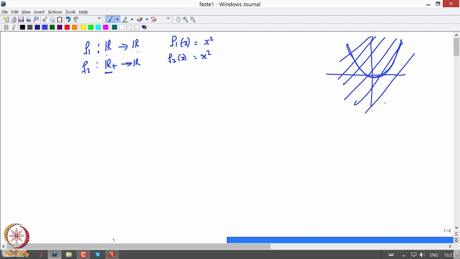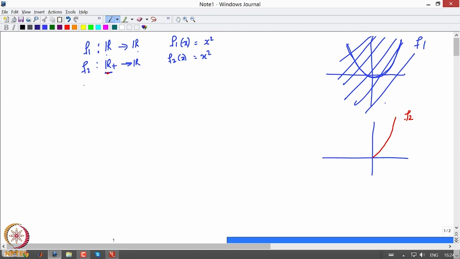So this is my f1. Now if I look at f2, let me use a different color, f2 would look something like this. I just discard these negative parts because they are not in the domain.